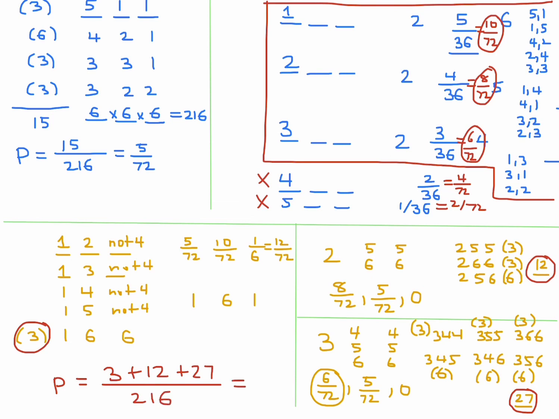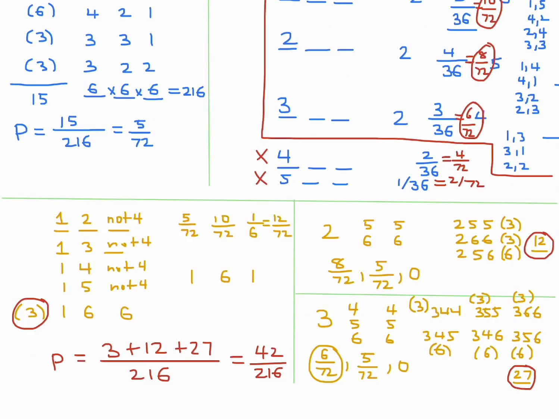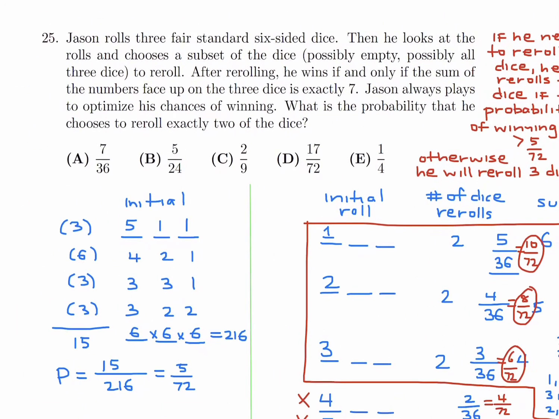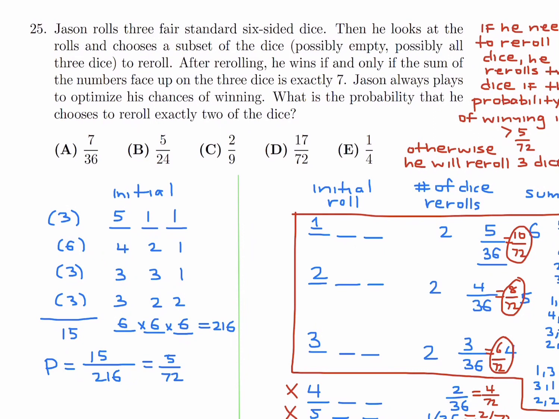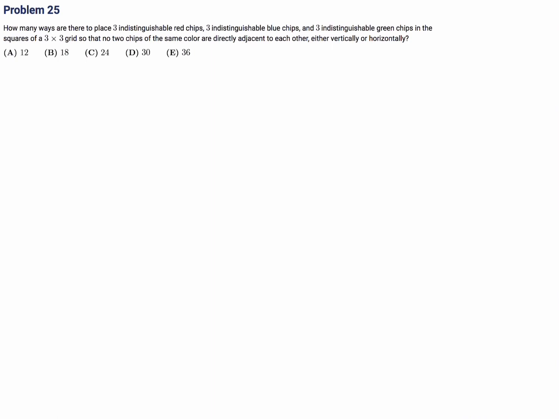So that is 42 over 216. And let's see, if you divide top and bottom by 6, it becomes 7 over 36. And 7 over 36 is A.